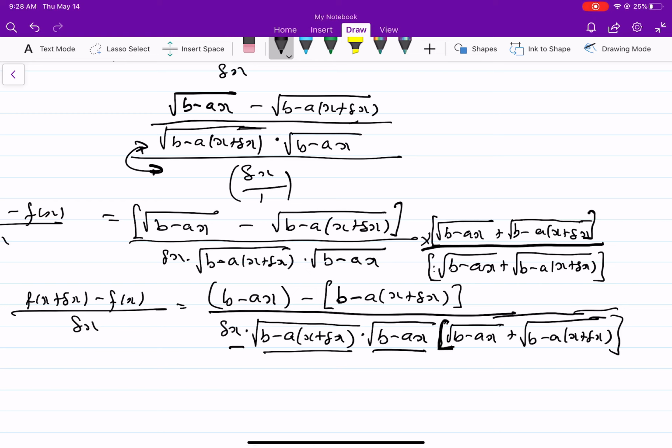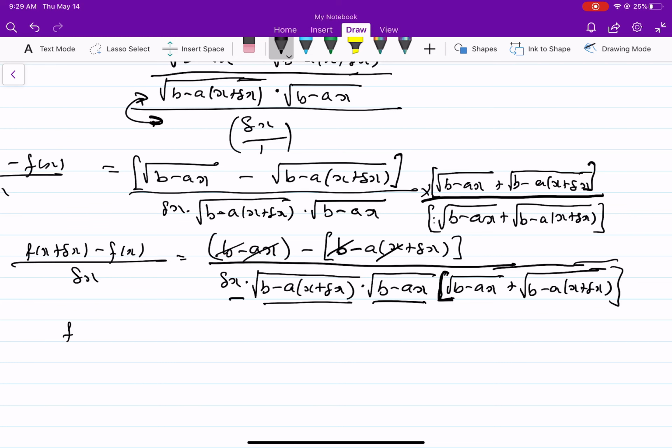If I push this minus sign inside in my numerator, I'll get a minus b, which will cancel out with this b. So b and minus b will cancel out. Minus and minus gives me a positive a in front of the x plus delta x, so plus ax and the minus ax in front there will cancel out. And the only thing that will be left in my numerator is a positive a delta x.